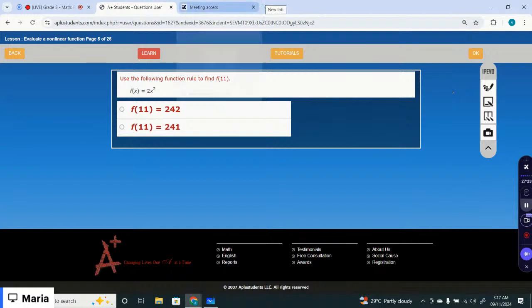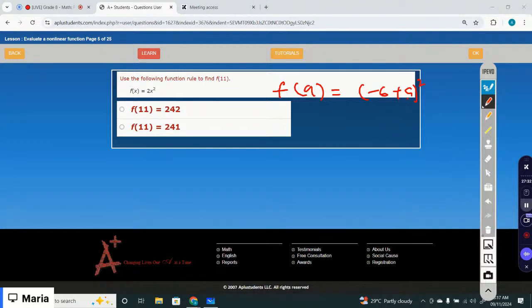Use the following function rule to find f of 11. So which is the correct option? That is 2 times 11 square. 11 square is 121. 121 times 2 is 242.